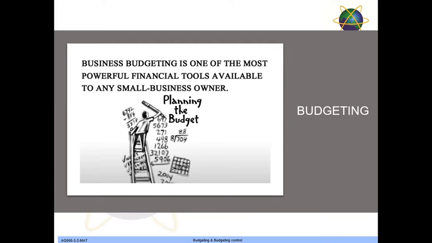The budget can be on an annual basis, which is once a year, a quarterly basis, which is 4 quarters per year, and also a monthly basis, which is 12 months a year. So as we can see, business budgeting is the most powerful financial tool that any company can commit to.